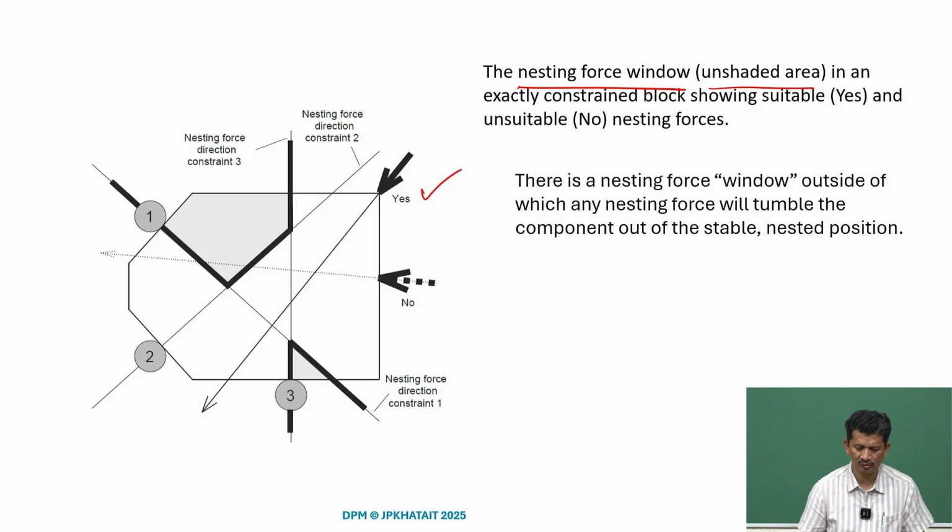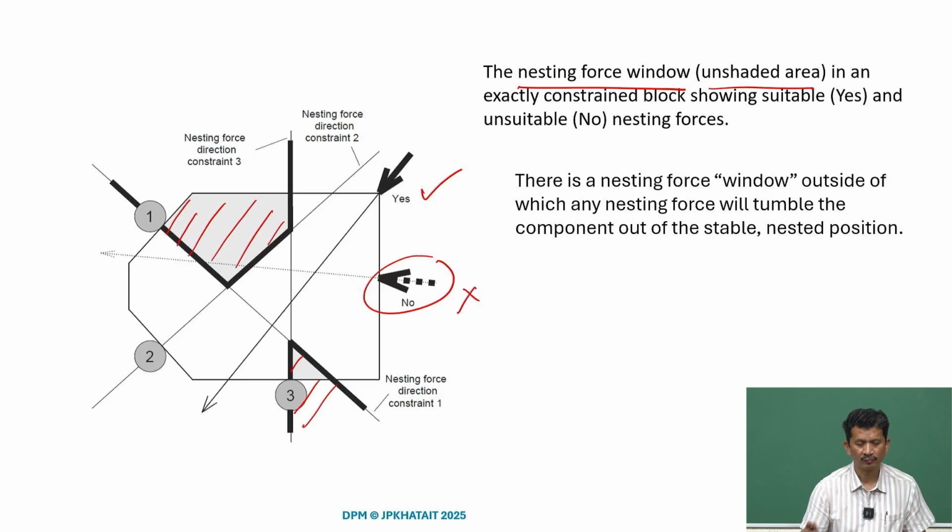So it's a feasible solution. And if it's passing through the shaded region here, what we realize is that it's a no. It's not going to give the sufficient nesting force. So not all the contacts will be made, and it will get lifted.